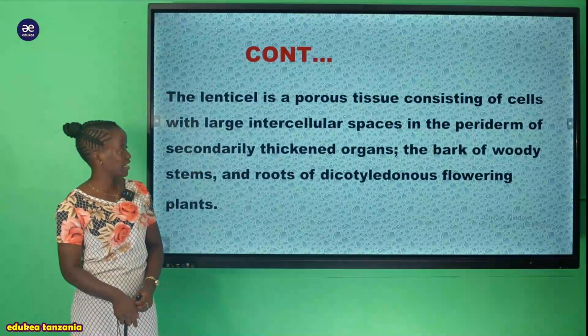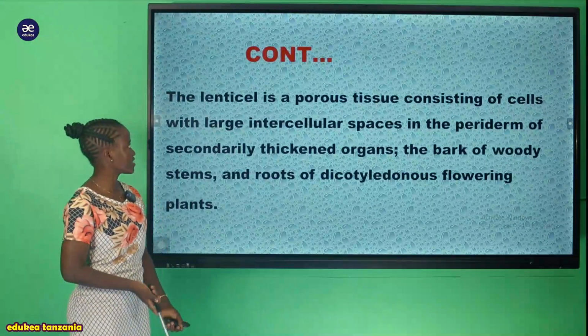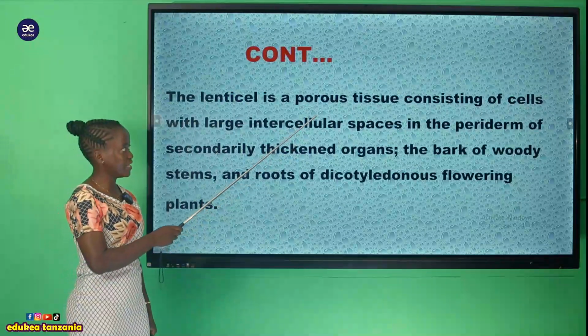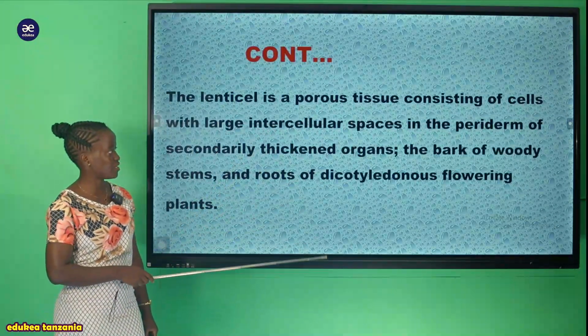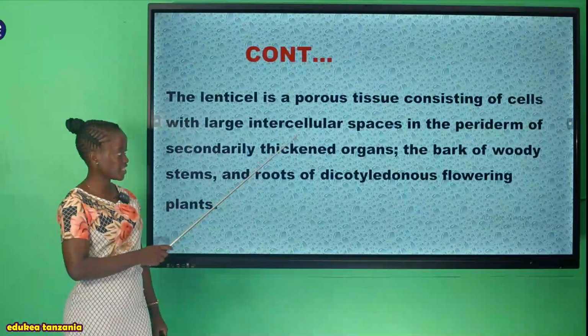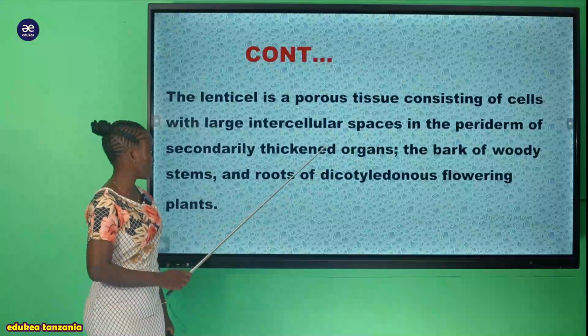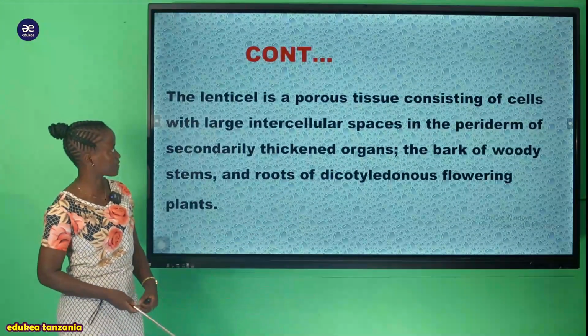So now let's discuss the lenticels. We are saying that the lenticel is just a porous tissue consisting of cells with large intercellular spaces in the periderm of the secondary thickening organ, the bark of a woody stem, and the root of the dicotyledon flowering plants.